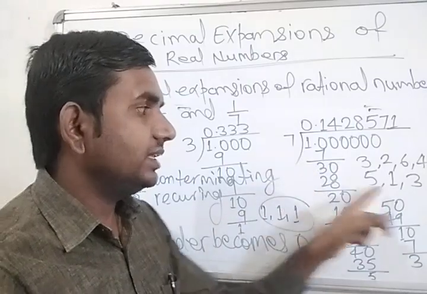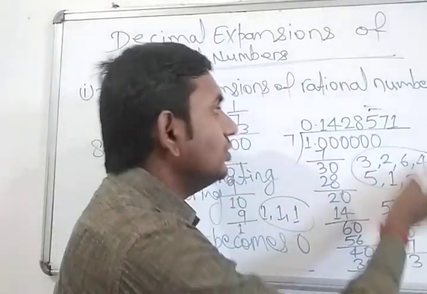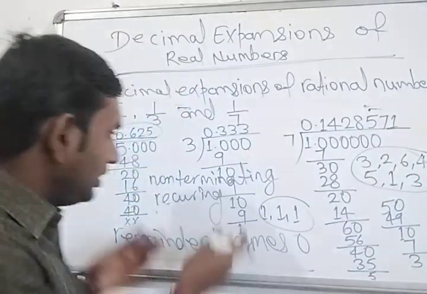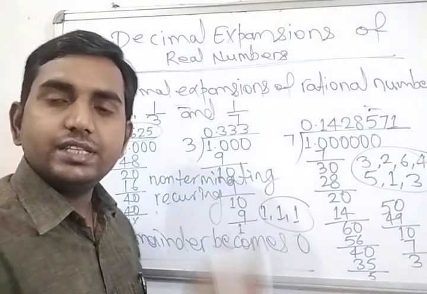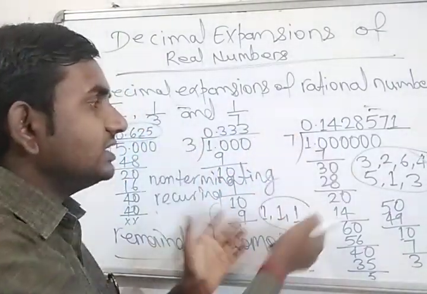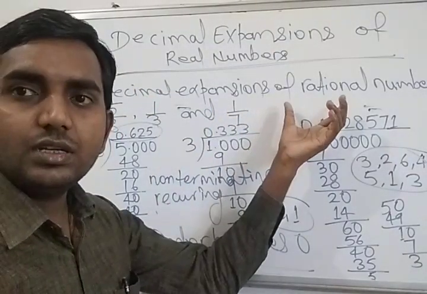Here after 1 and 3 they start to repeat. So these types of decimal expansion are also called non-terminating recurring decimal, and all these things represent the decimal expansion of rational numbers.